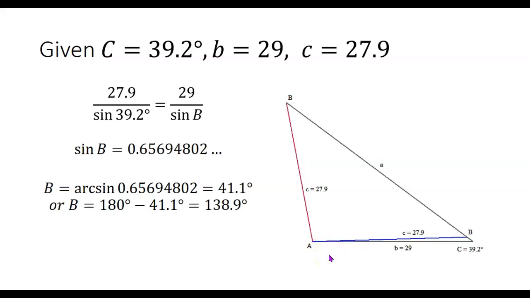In both cases, the length of C is 27.9. The length of B, well, it's the same side, it's 29. And angle C is 39.2 degrees. So what we have to do is work out both of these triangles.